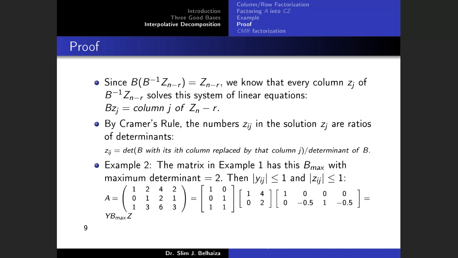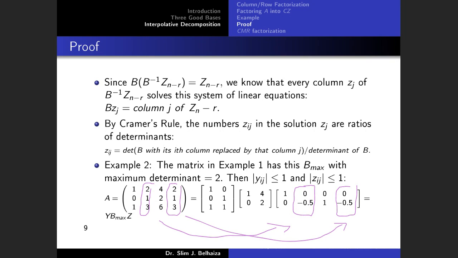So this is the 0 and 0.5 we just found. Now the last part is exactly the same, because in fact you are trying to retrieve exactly the same column. So that's why it's going to be the same.